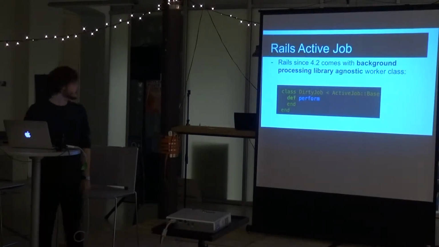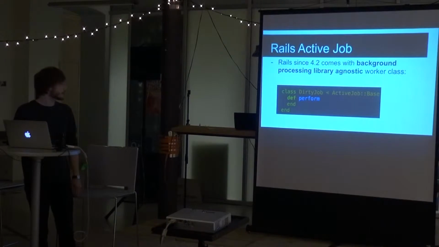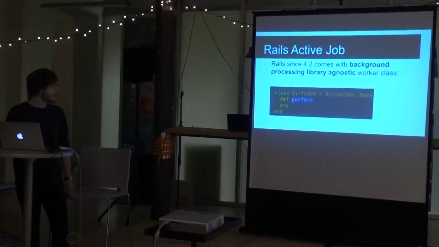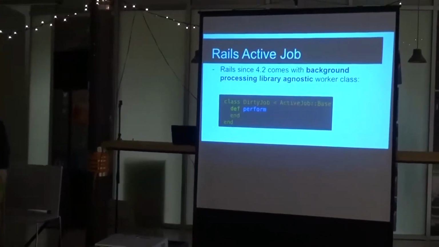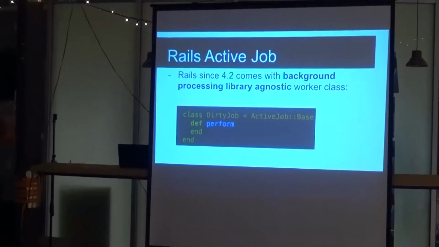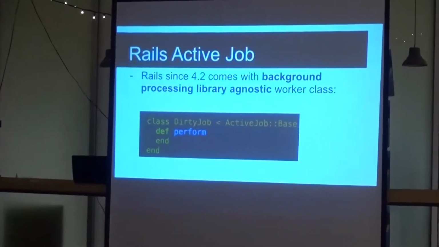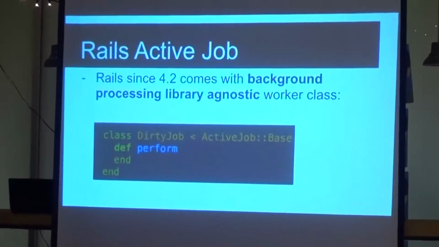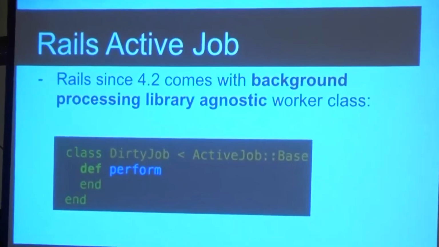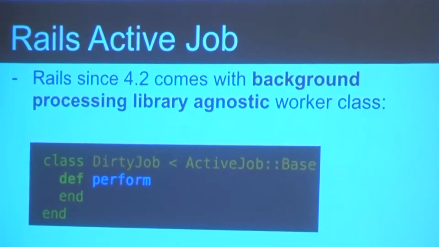Okay, so let's just mention this quickly. Rails, since 4.2, comes with this really awesome thing called Active Job, which is a background processing agnostic worker class. This means you can write your workers and jobs in such a way that you don't even need to know if you're going to use Sidekiq or Resque or I don't know what else.